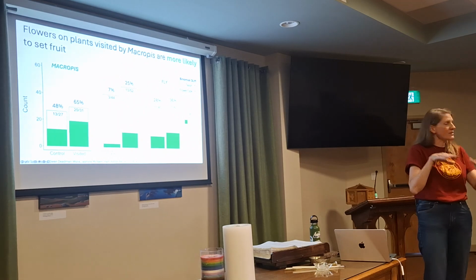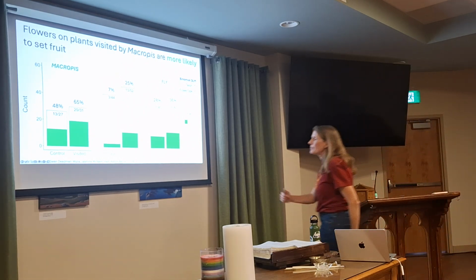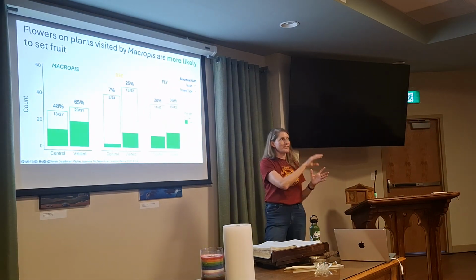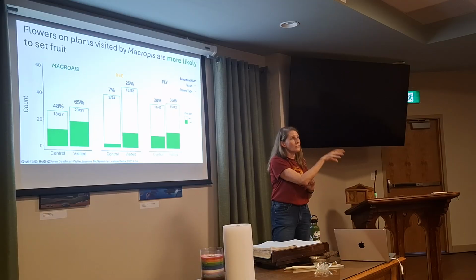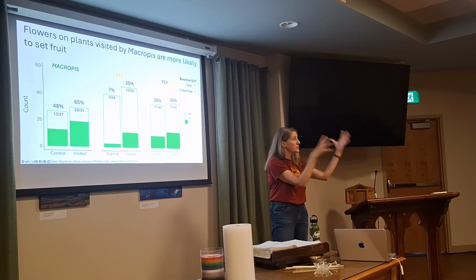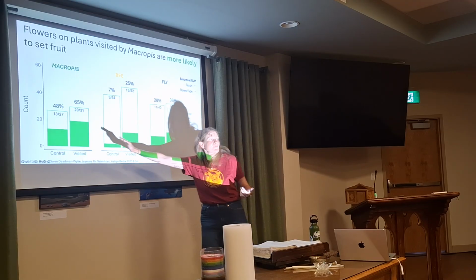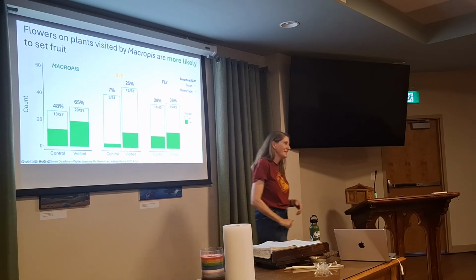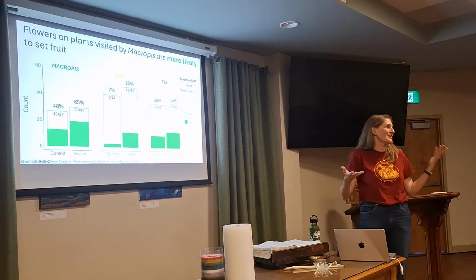So we're doing this as a proxy instead. But what I think is happening is that the Micropus tend to be patchy in their visitation. So if they're showing up in one spot today, there's a bunch of them showing up in that spot, right? So there's a good chance that a flower on this plant was previously visited by Micropus. That's my gut. It's hard to prove, but that's what I think is happening.